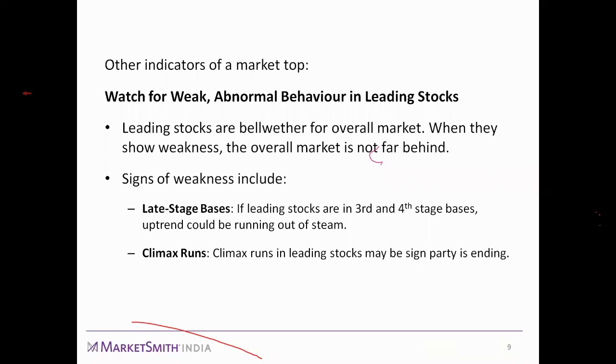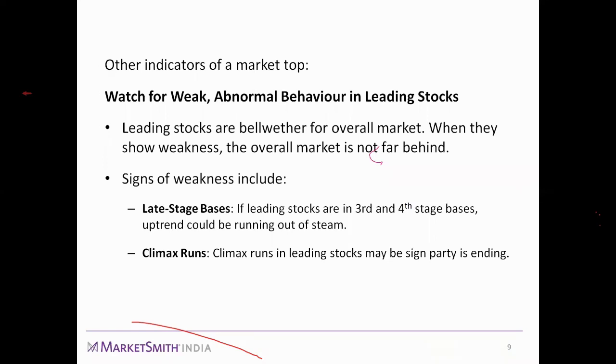Though Minda is doing good right now, it is trading at a very high stage base, and it is very risky to enter that stock at this point of time. Normally third and fourth stage bases mean the stock has had a good rally, until and unless the bases are reset. So it's very risky to enter the stock. This late stage base is another sign of weakness.